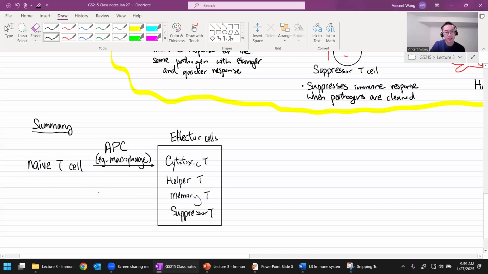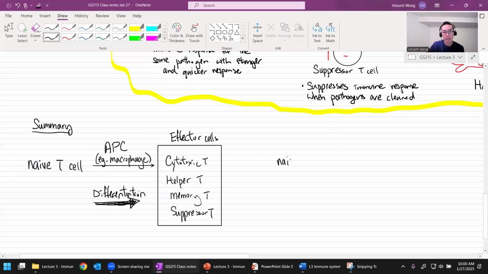Okay? And this process is called differentiation. Anytime a cell undergoes a one-way transformation, we say differentiate. Like the monocyte differentiates into macrophage. Like those stem cells we learned last semester, differentiating into different types of tissue.